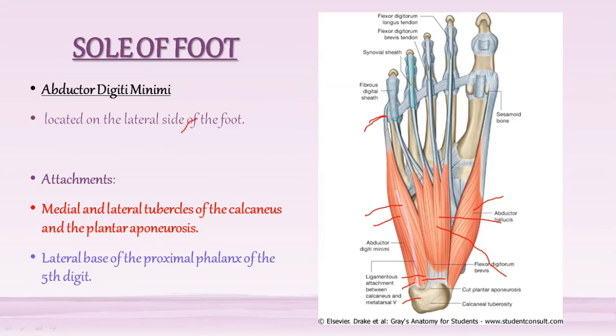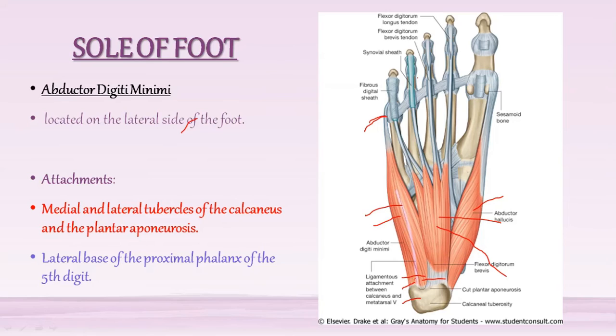It is the lateral muscle, so it is inserted on the lateral side of the fifth digit, but again on the proximal phalanx. The medial one is inserted on the medial side of the great toe on the proximal phalanx. The lateral muscle is inserted on the lateral side of the fifth digit on the proximal phalanx. The middle one is inserted on the middle phalanx of the lateral four fingers.